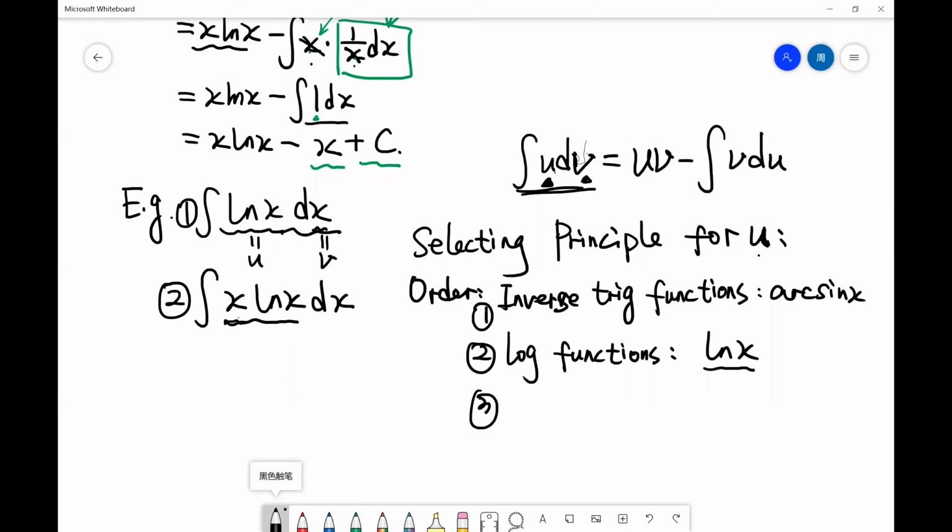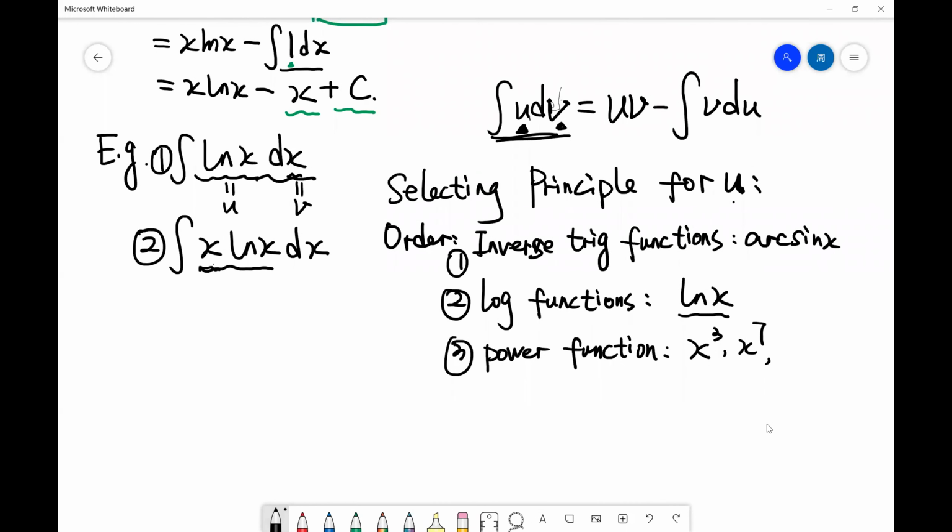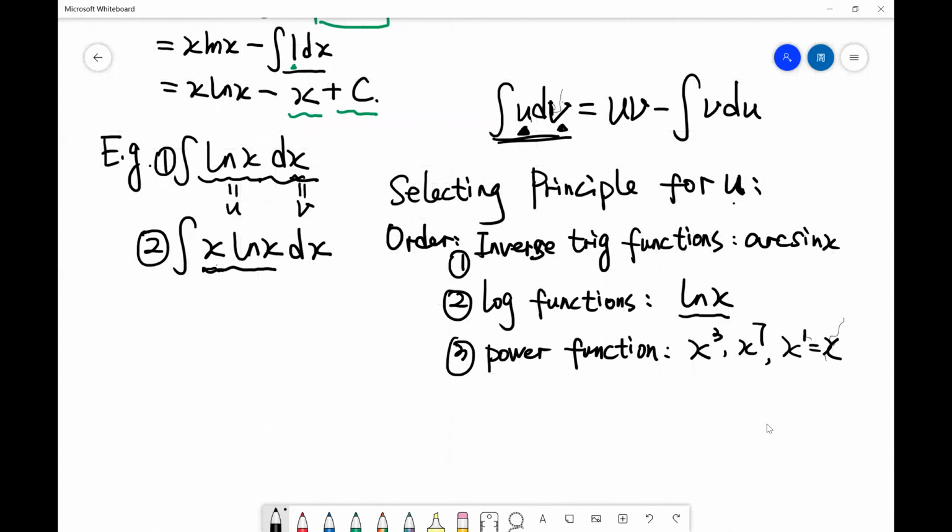And number three is the power function. Power function means maybe x power 3, x power 7, and so on. And a special one here is x power 1, or we just write x, right? Don't forget it. It is also a power function where the power is 1.